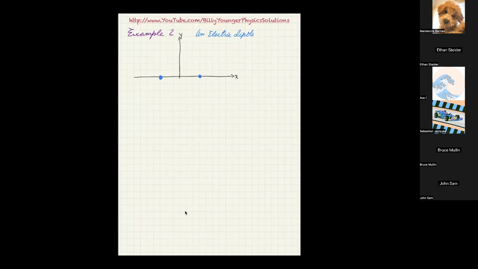What I'm going to do is say that this particular charge on the right is 1.5 centimeters from the origin. And this one on the left is negative 1.5 centimeters. That means the distance between them is really 3.0 centimeters.